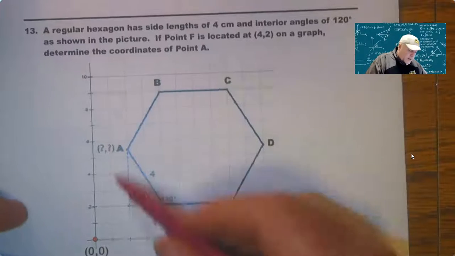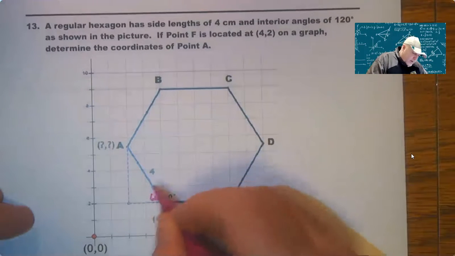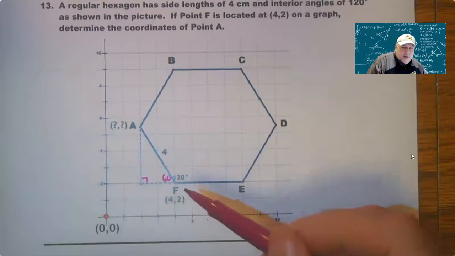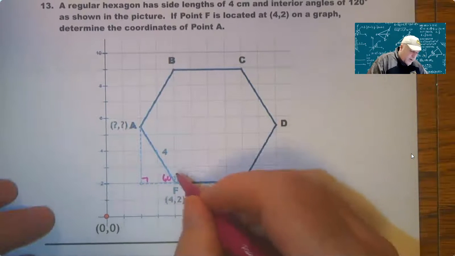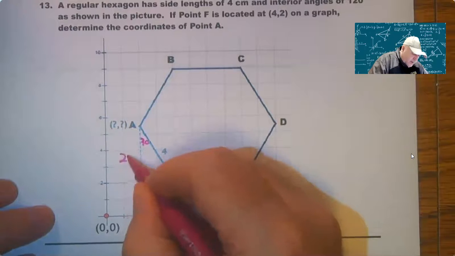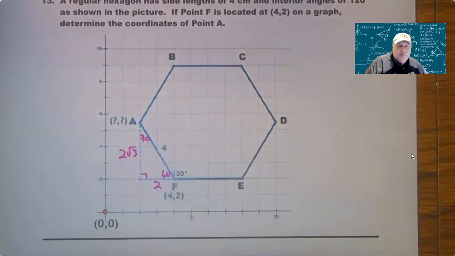Okay, so here I've done this a little bit better this time. So 60, and you can use 30, 60, 90 rules now because this is 30 up here, meaning that this is 2 and this is 2 times the square root of 3. I'm going to make it that way so you can quickly get the sides in the right triangle.